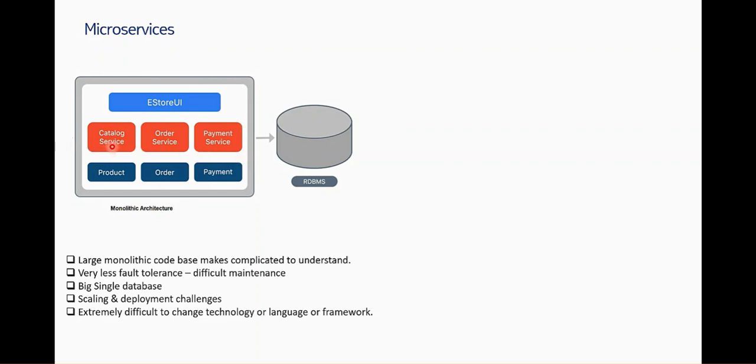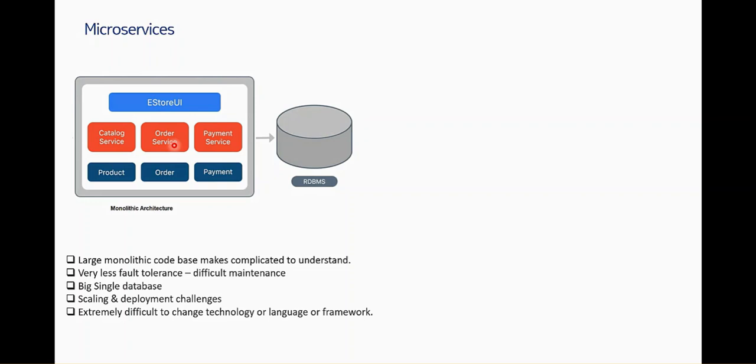If you are successful in coding one component into another language or framework, it doesn't mean the other components will also be able to adapt to that. So these are some challenges of monolithic architecture or monolithic kind of application.